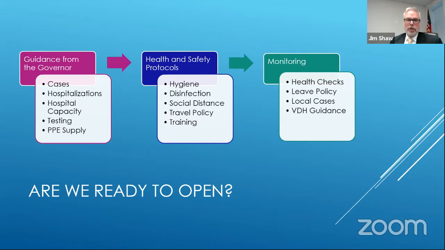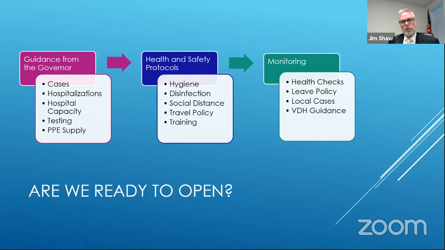And the governor, as we understand it, and his administration are monitoring the number of cases, the rate of new cases and hospitalizations, judging hospital capacity to be able to take on new cases if there is some sort of a surge. Also, the testing capacity in the Commonwealth is one of the metrics that the governor's office uses. And then as well, they monitor the supply of personal protective equipment.